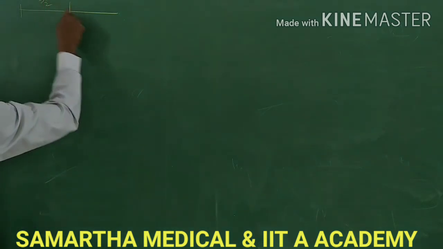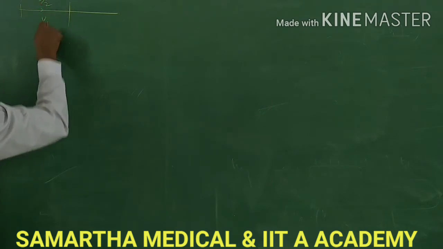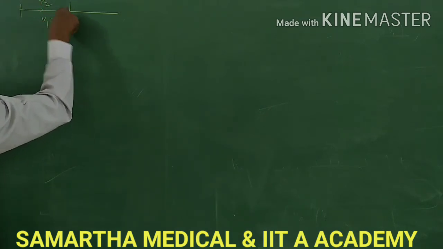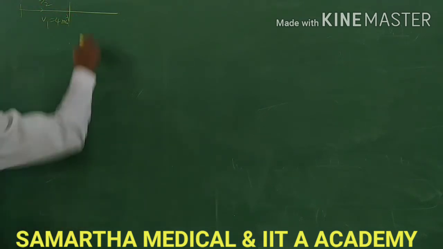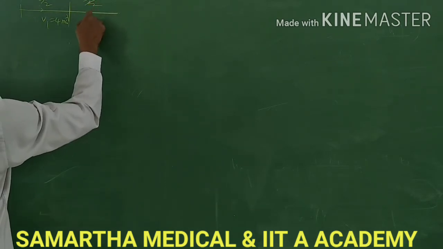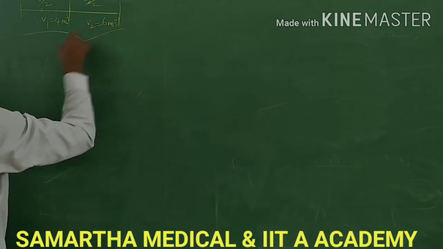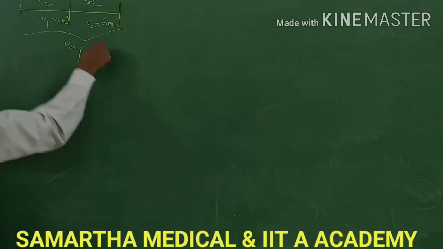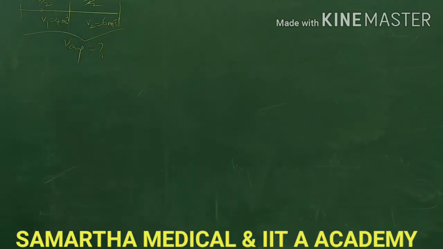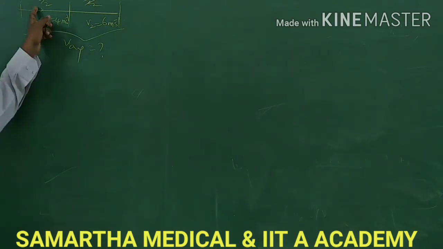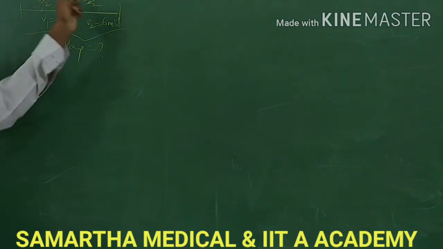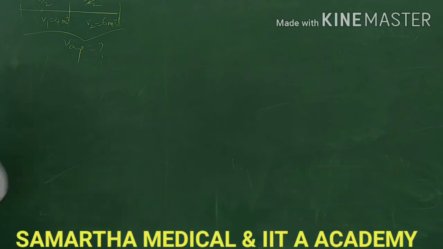First half of the distance with speed V1 equal to 4 meters per second, remaining half of the distance with speed V2 equal to 6 meters per second. Then what is the average speed in this case? What is the answer? What is the same here? Distance is the same. So what is the formula to find the average speed?